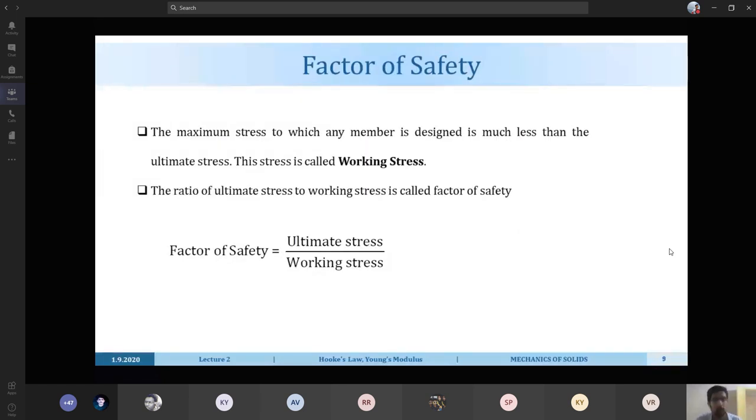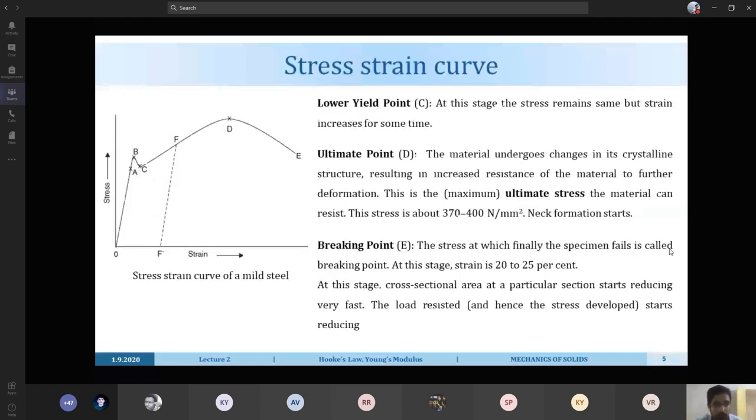Okay, so we have to define factor of safety. What do we mean by factor of safety here? I will go back to this figure. We have the ultimate stress here and the yield stress here. When we design any structure or bridge, suppose the bridge is subjected to vehicles moving on it, and the vehicles induce some stresses.